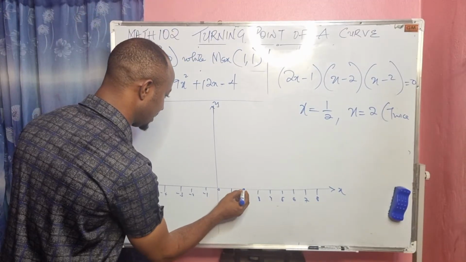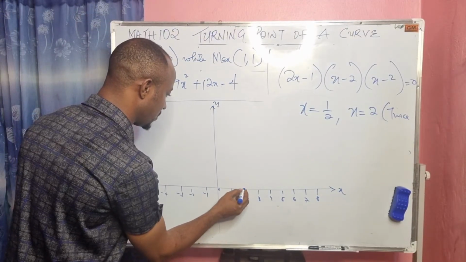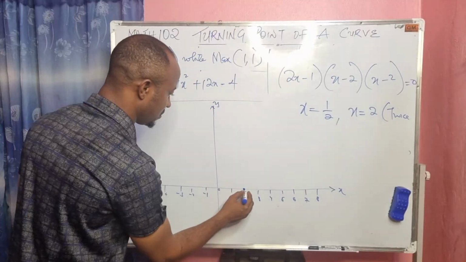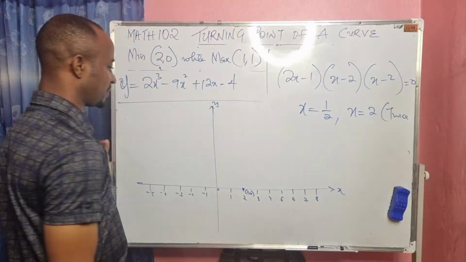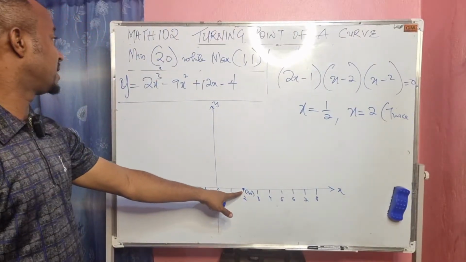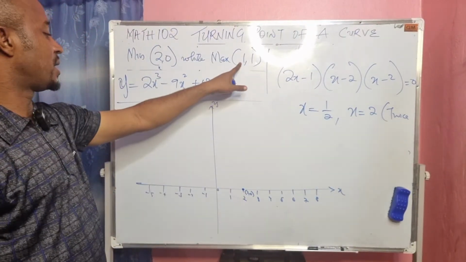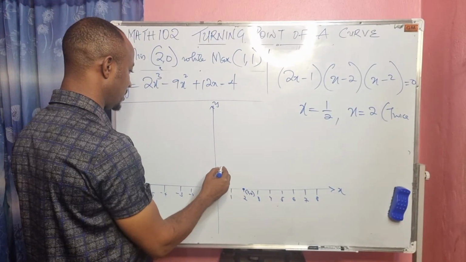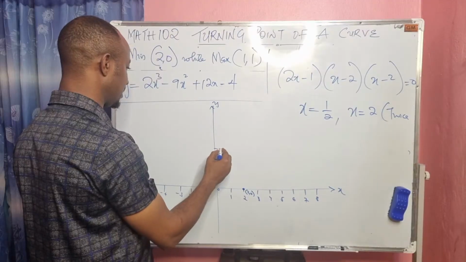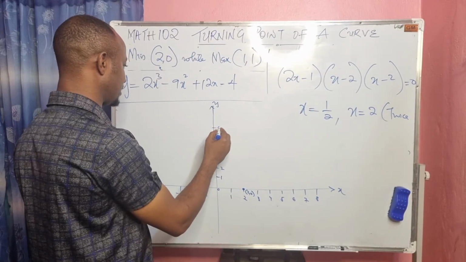The point is here, right? Let me put it in brackets, 2, comma, 0. When x is 1, y is also 1. Let's indicate 1 here, indicate 2, 3, 4, 5, and 6.